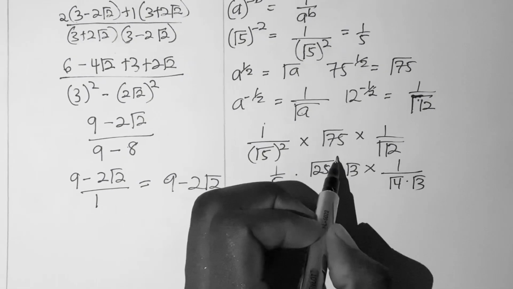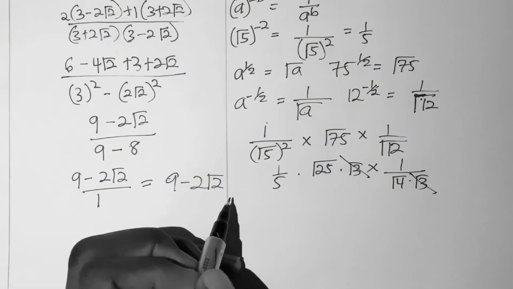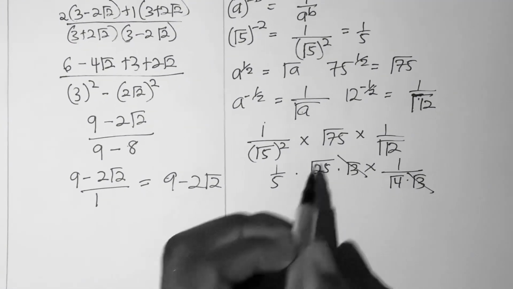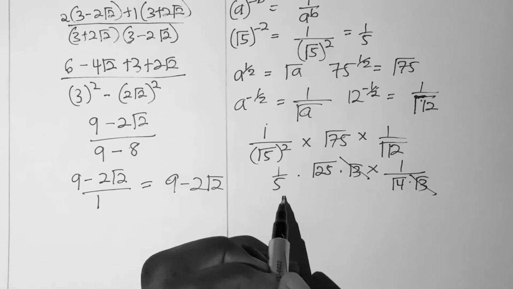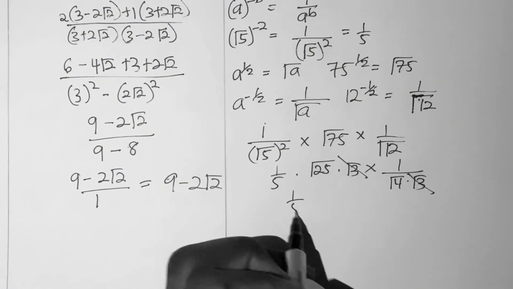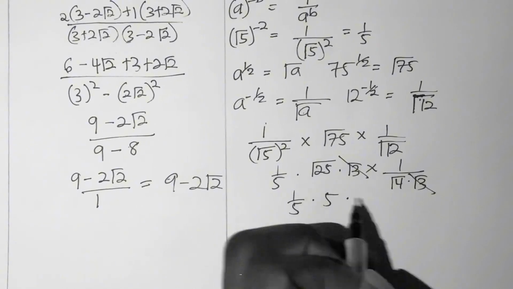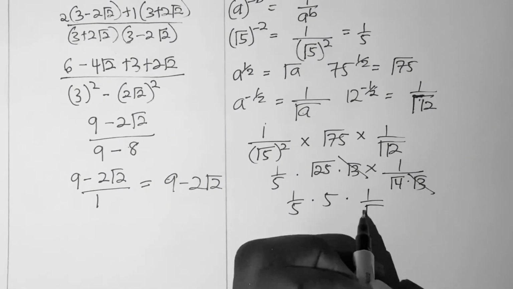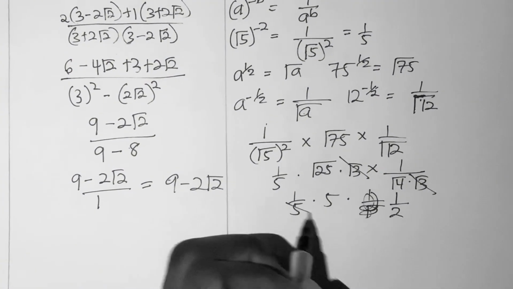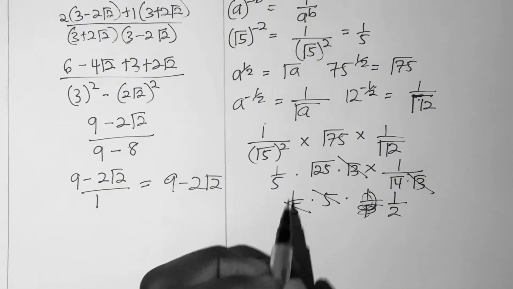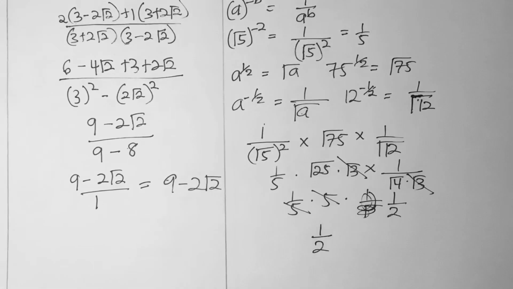So you can see that from here, this root 3 and this root 3 can cancel out. Square root of 25 is 5, so 1 over 5 times 5 will also cancel out. So let me write it: 1 over 5 times 5 and times 1 over square root of 4, which is 2. So 1 over 2. So this 5 and this 5 will cancel out. So at the end of the day, we are left with 1 over 2 as our final answer.